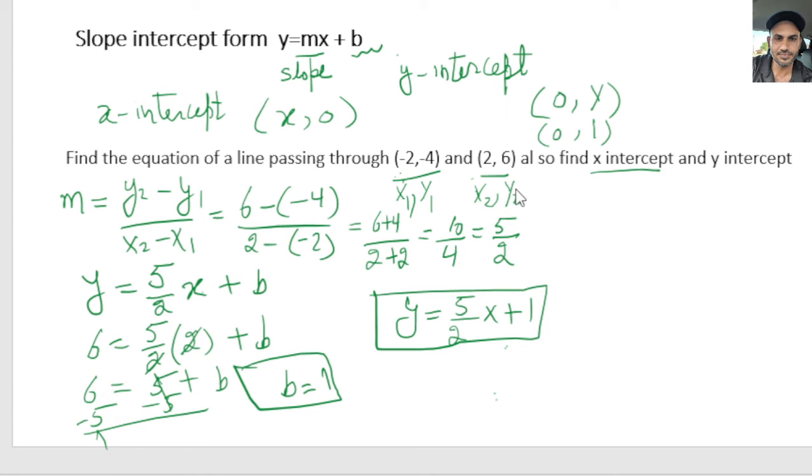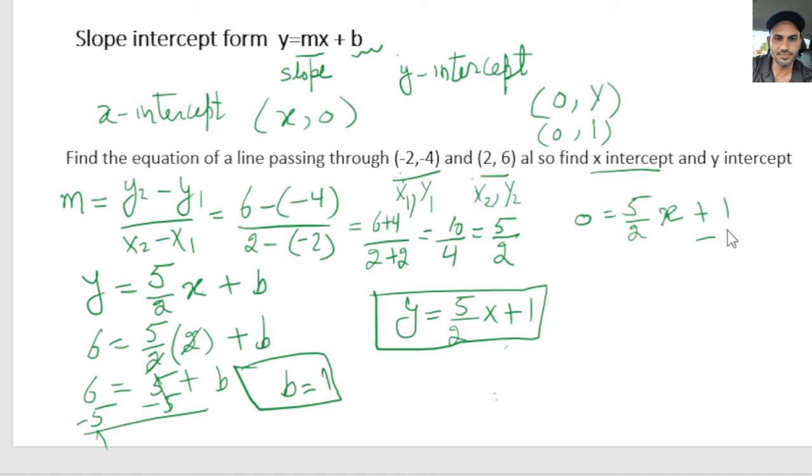So x comma 0 is the x-intercept. If we plug in 0 for y and then plug in x, we can solve for the x-intercept. So I'm plugging in 0 for y, and then 5/2 x plus 1. Now we simplify this equation and solve for the x value.